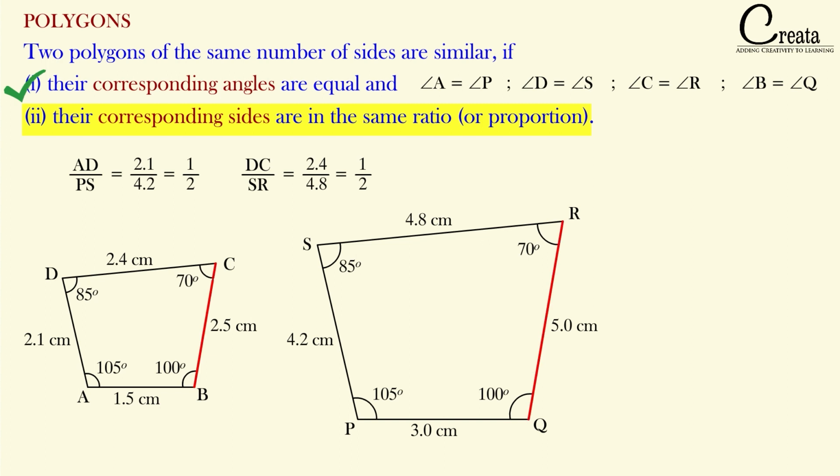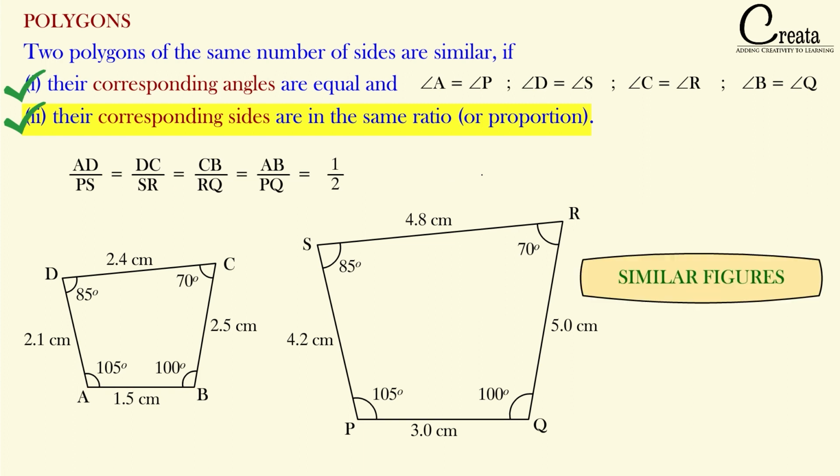CB to RQ, 2.5 upon 5, again 1 by 2. AB upon PQ, the corresponding sides, 1.5 upon 3, that is again 1 by 2. So both the criteria are matching, so both the figures are similar figures.